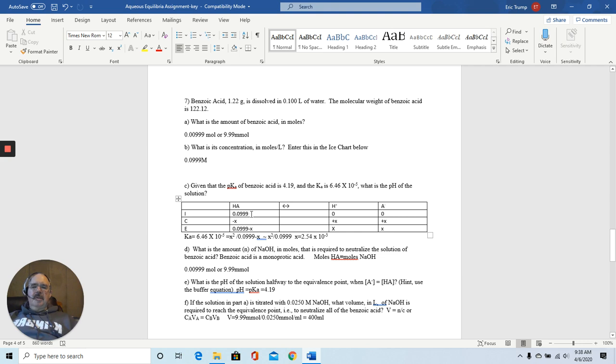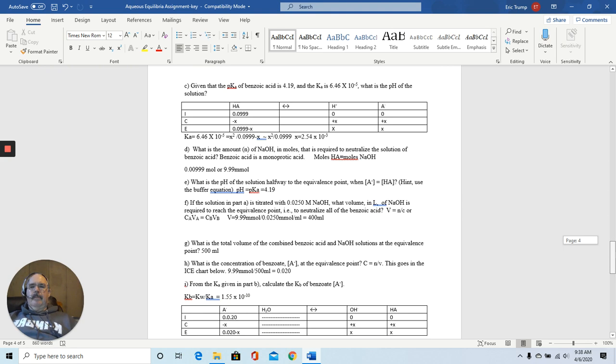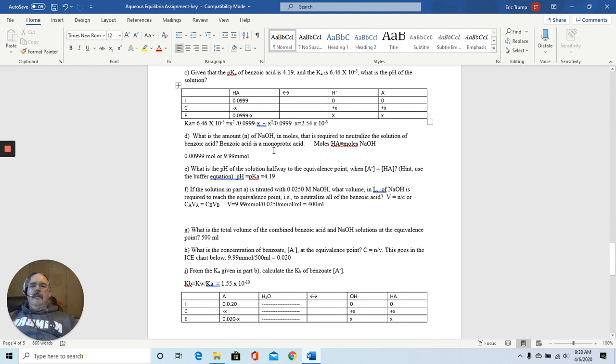Okay, this answer goes in the ice chart below. Okay, and then this is going to dissociate partially. We'll start out with no hydronium, no conjugate base.